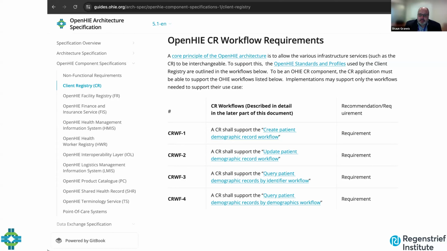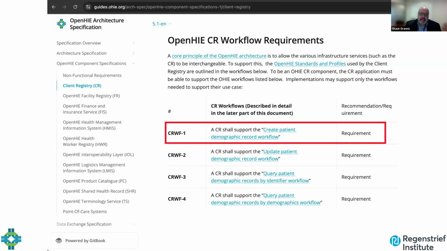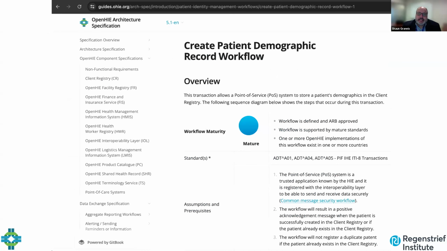By way of example, if I click on the first client registry workflow 1, that would take us to increased detail. So this is where things get really technical. And for those who are very interested in standards and information transactions, this is where you'd want to go. We document the maturity of the workflow.